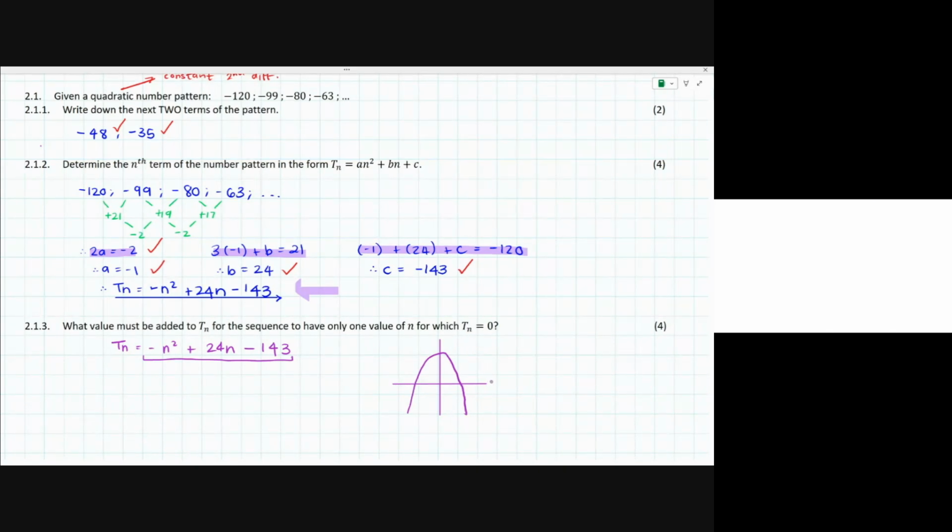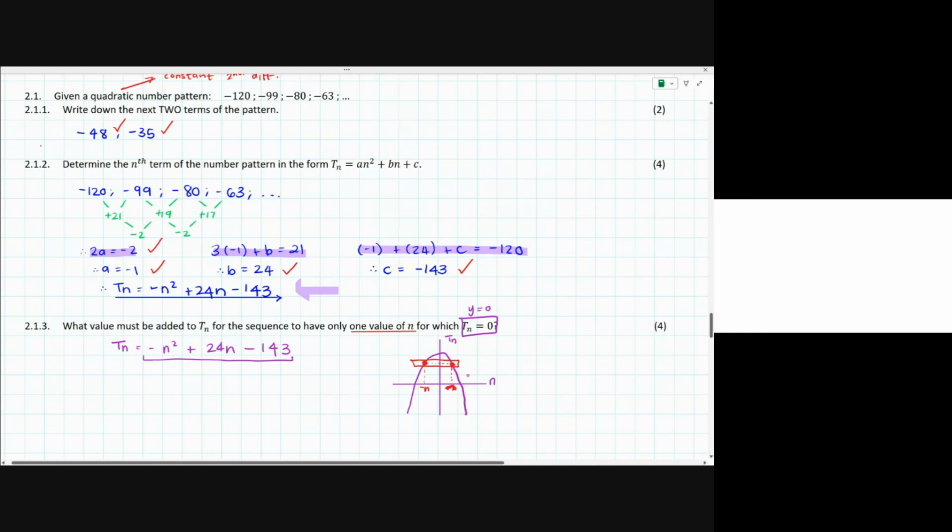So let's understand what that means. All of my input values are n. So that x-axis is n, and my y values are tn. So t of n equals 0 is essentially saying y equals 0. And essentially what it's then saying to me is that we only want one n value. Now, if we consider, let's say, for example, this value over here, because of the symmetry of a parabola, there are two different n values that give us the same y value.